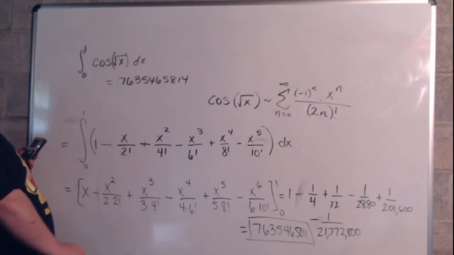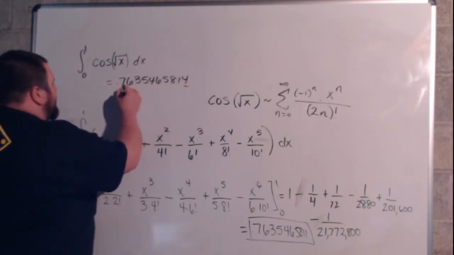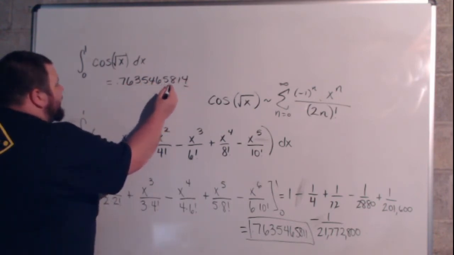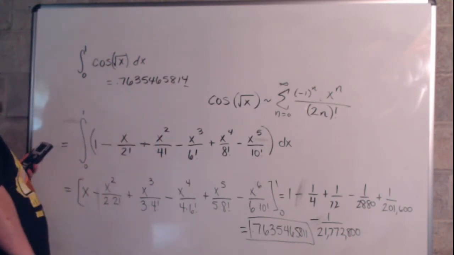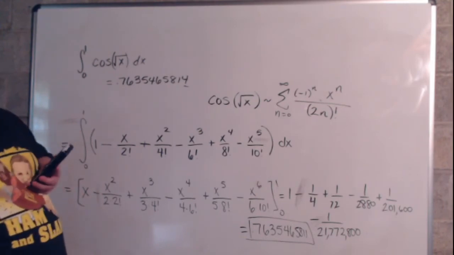So that is good all the way out to that digit. So 1, 2, 3, 4, 5, 6, 7, 8, 9 decimal places accuracy. Not bad. Not bad at all.